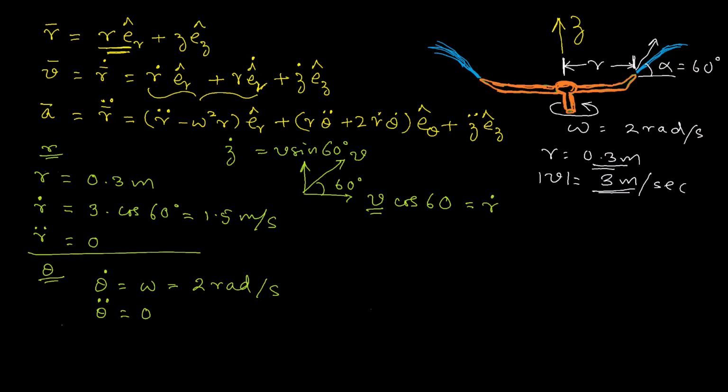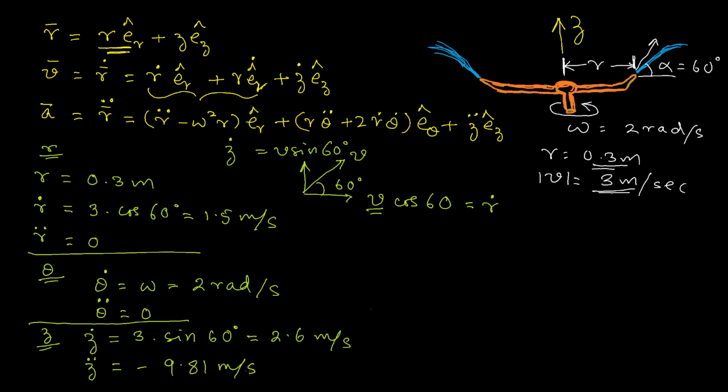And if we come to z, we have z dot equal to 3 times sine of 60 degrees, which is equal to 2.6 meters per second, and z double dot is equal to negative 9.81 meters per second squared, because gravity is acting downwards.